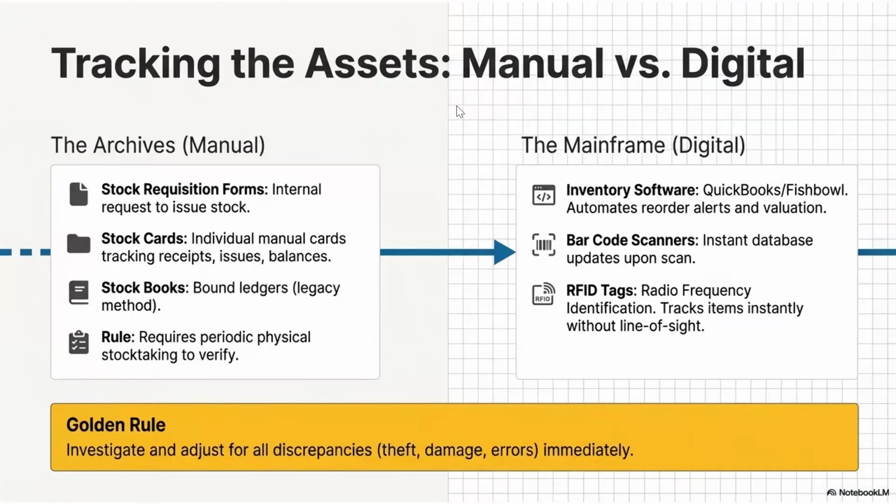For example, the stock requisition forms. Whenever there's a request to issue stock, a stock requisition form should be filled out. Stock card should be completed, tracking how much stock there is. When more stock comes, you update it. When stock leaves, you update it. And it should have journals recording the stock and the levels of stock.